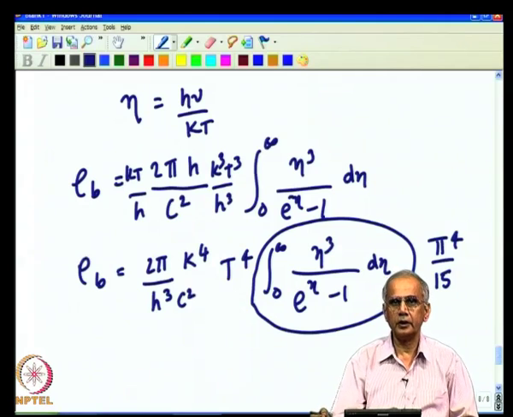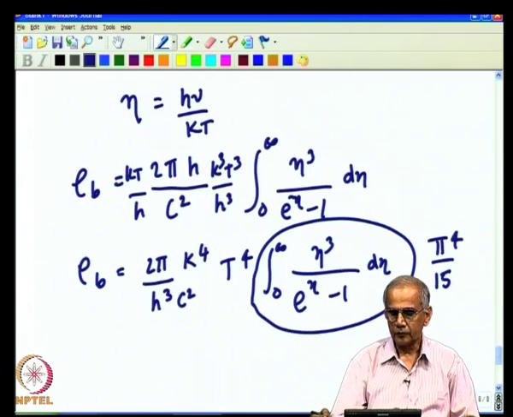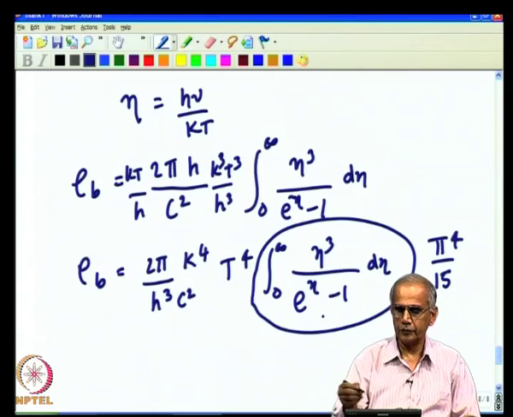This kind of integral is studied when you study complex numbers. You find the poles and zeros of this function and then evaluate the integral, or today you can just use either MATLAB or Mathematica and get this number.